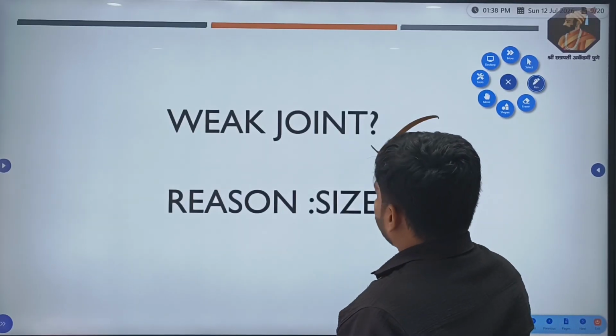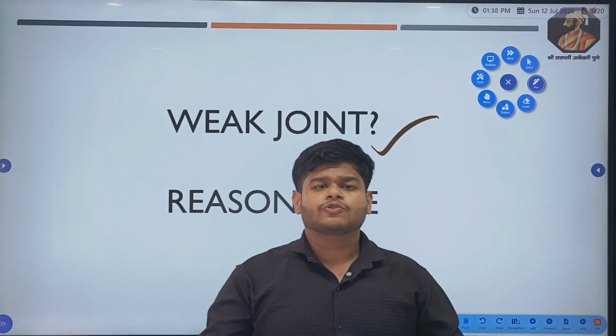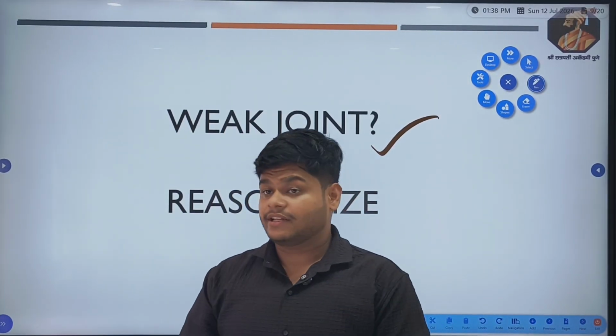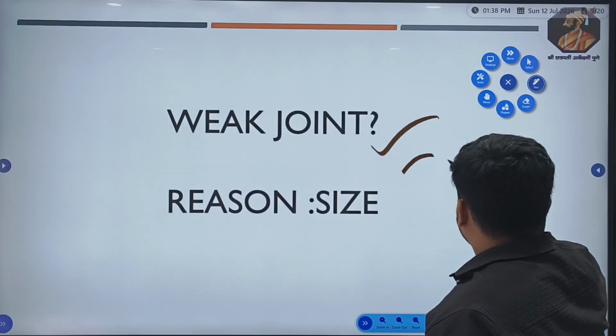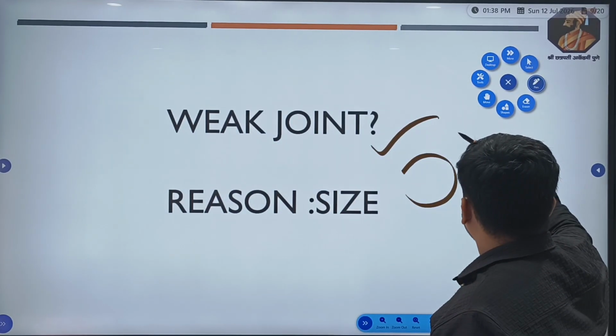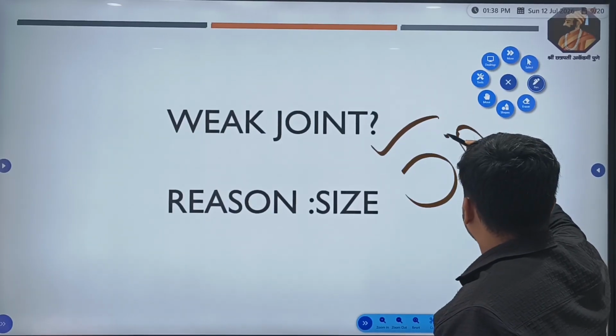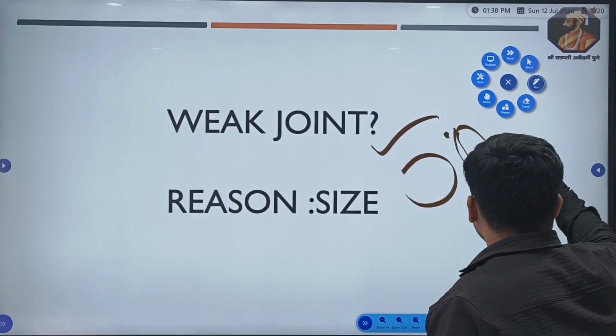Now this joint is a weak joint. Why so? The reason is its size. Whenever we see, this is the head of the humerus and this is the glenoid cavity, and here is the outer cover, the glenoid labrum.